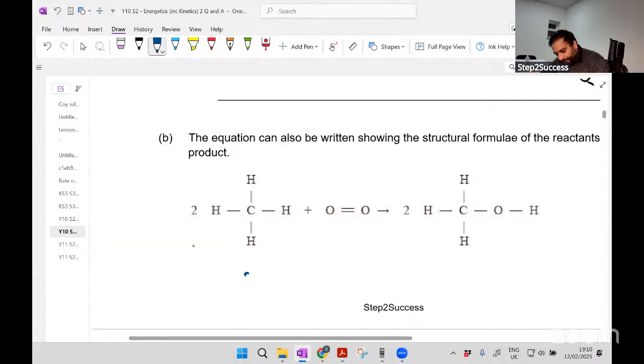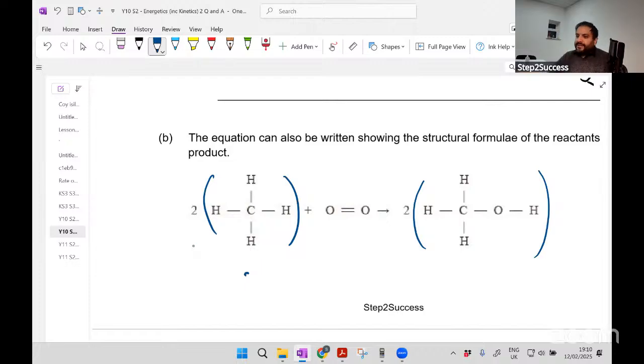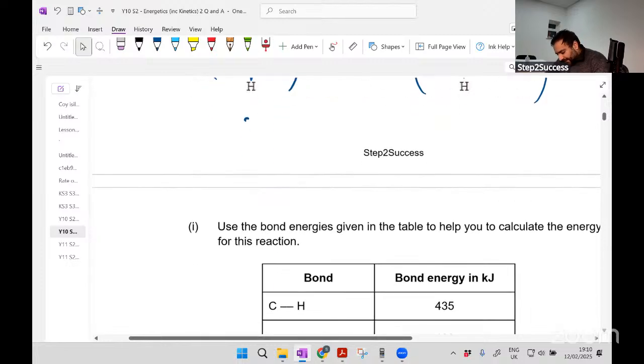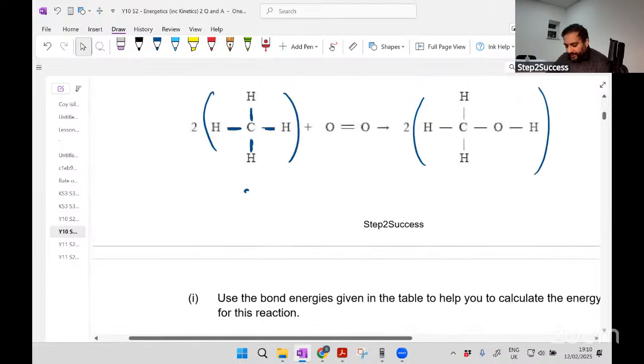Right. I like to put brackets around things in these kinds of questions, because otherwise I think it's easy to miss the fact that there's a number outside each of these things. So what do we have here? We've got a C-H bond, another C-H bond, another C-H bond, and another C-H bond. So four C-H bonds, and each C-H bond is worth 435.